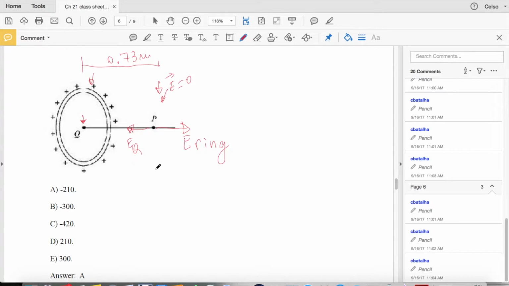So what is the expression for an electric field of charge Q? It is equal to kQ over distance squared. And that should be equal to whatever expression you got for the electric field of a ring. And then you can solve for Q.